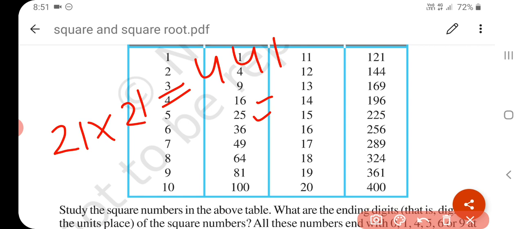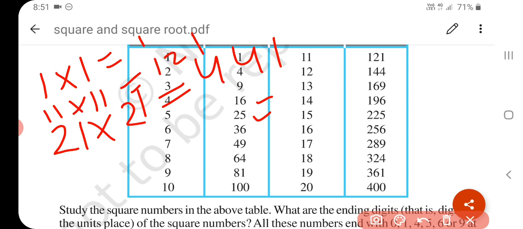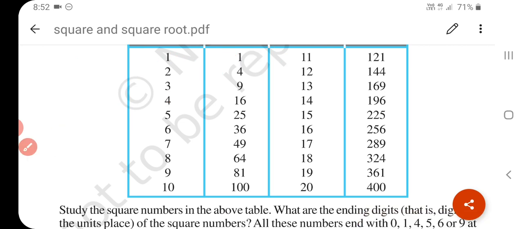So the square of 1 is 1, the square of 11 is 121. What is the square of 21? 21 into 21 is 441. Similarly, if you square 31, 41, then always remember, whenever you square that number, you always get a number which ends with 1.